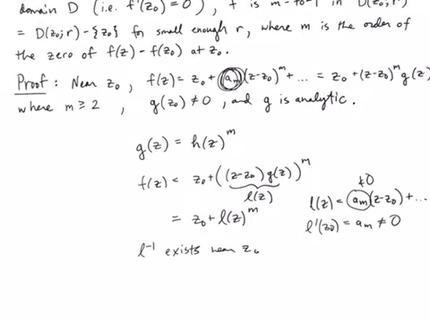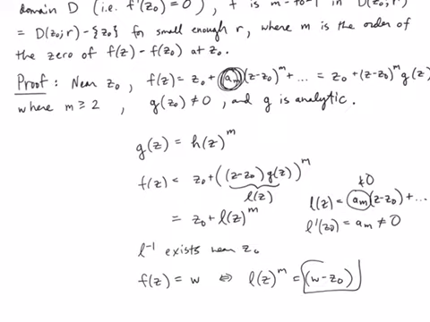And so then if we have f of z equals w, an equation like that, we want to say that this has exactly m solutions. Well, this is equivalent to L of z to the m equals w minus z naught. If we take the mth root here, this fixed complex number has m distinct roots.